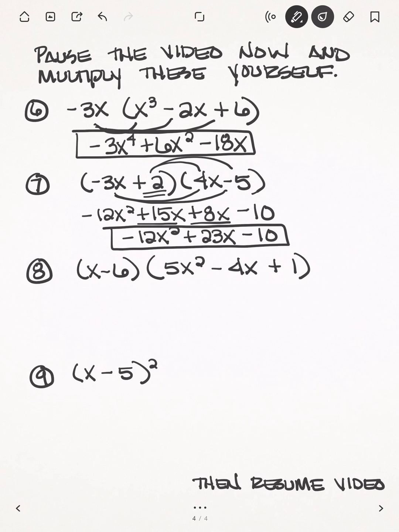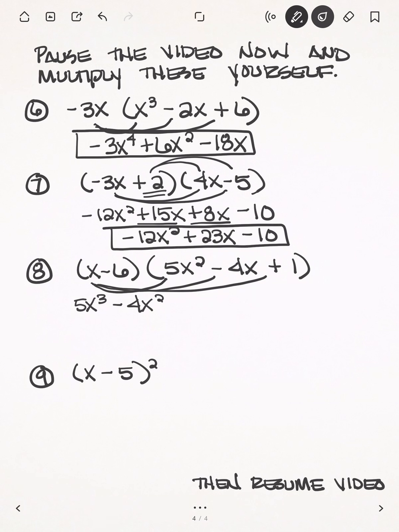Okay, number 8. I have a binomial times a trinomial. So if you used a generic rectangle, you're going to have a 2 by 3 rectangle. All right, let's multiply this. I'm going to take my first term and multiply it by everything in the other set of parentheses. So I get 5x to the third. X times negative 4x would be negative 4x squared.